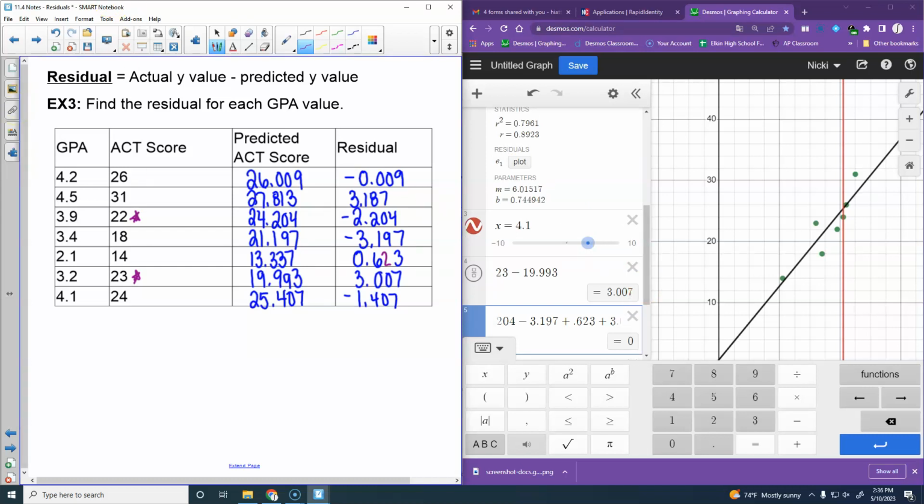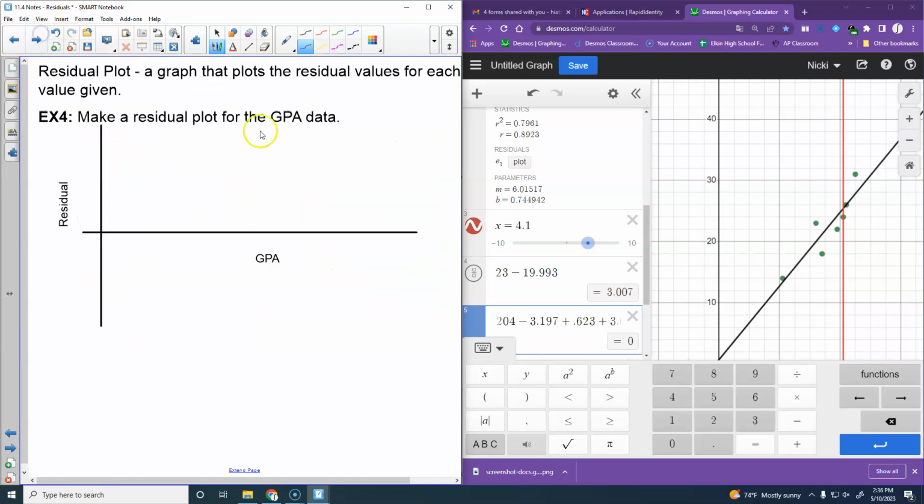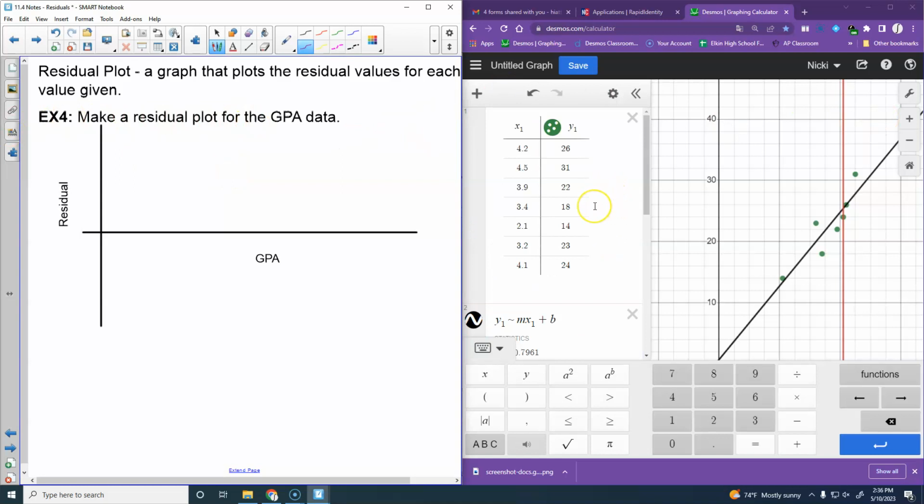All right. So something that you are going to see on these problems are called residual plots. Here we are supposed to make a residual plot for the GPA data.